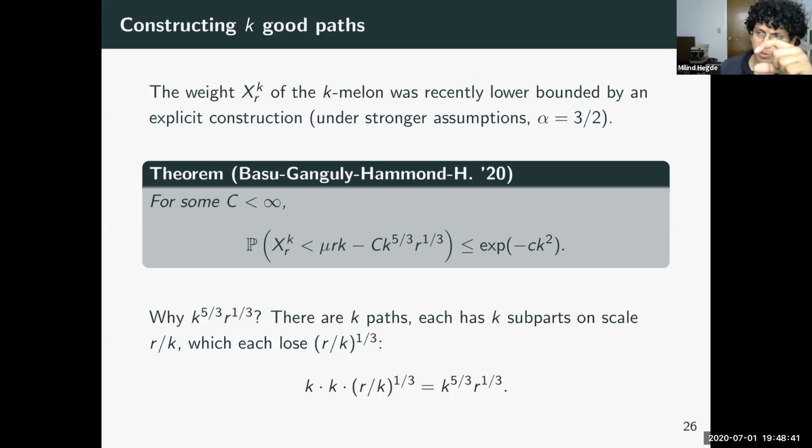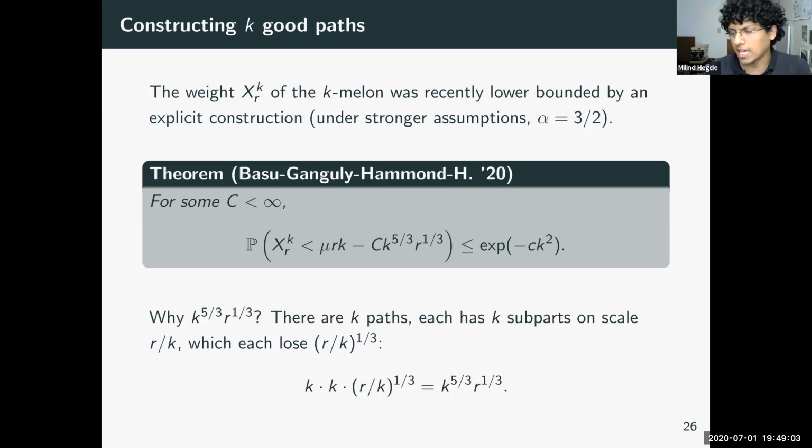But on the smaller scale of r over k, at that scale they don't feel each other's presence, and on that scale they can move freely, which is why that's the right scale to look at the fluctuations at, and that gives you this right exponent of k to the 5/3 r to the 1/3.